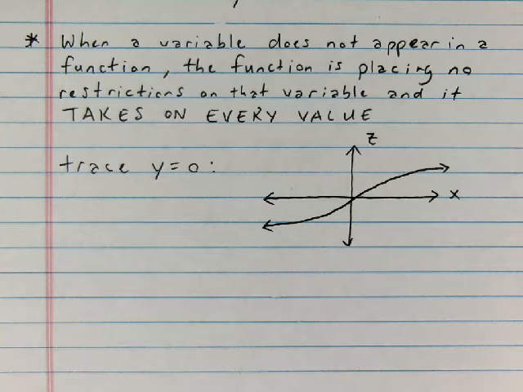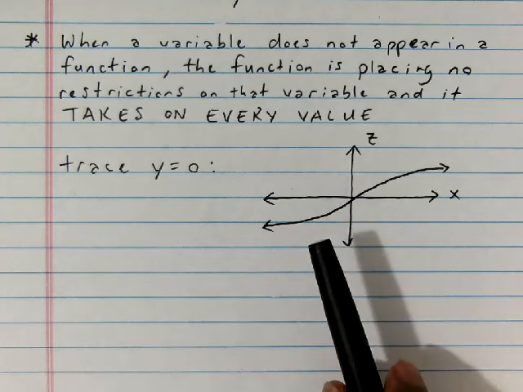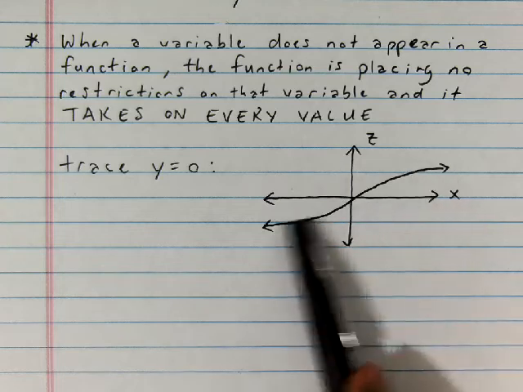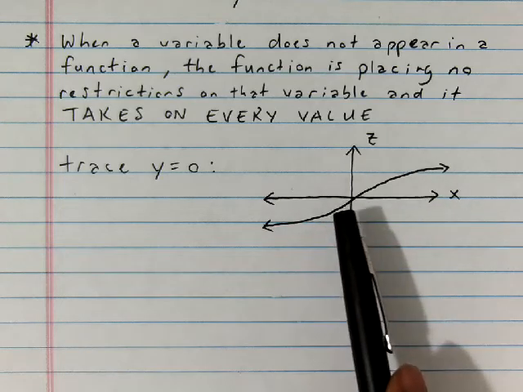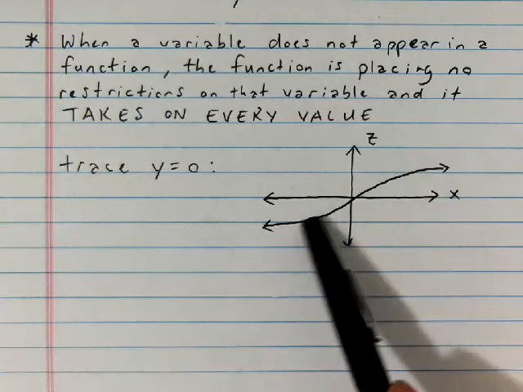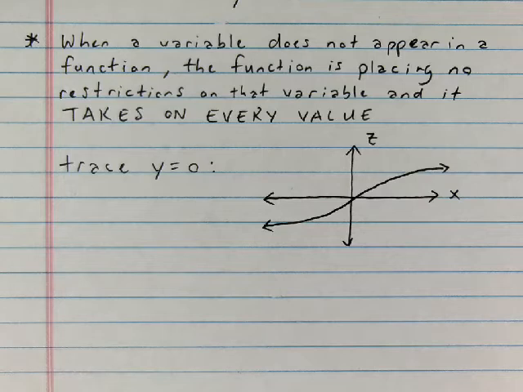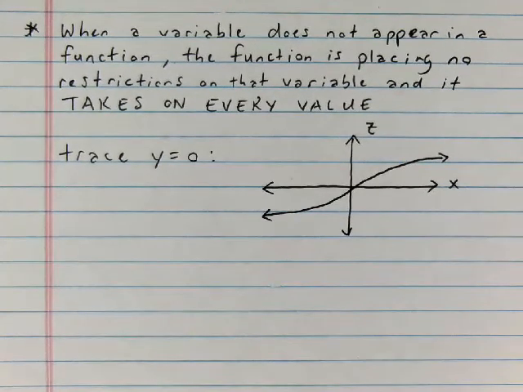So now we're going to sketch this in 3 dimensions, and we're going to drag this thing along the y-axis because y takes on every value. All we're going to do is just take this and drag it, and that'll give us what our actual 3-dimensional surface is.